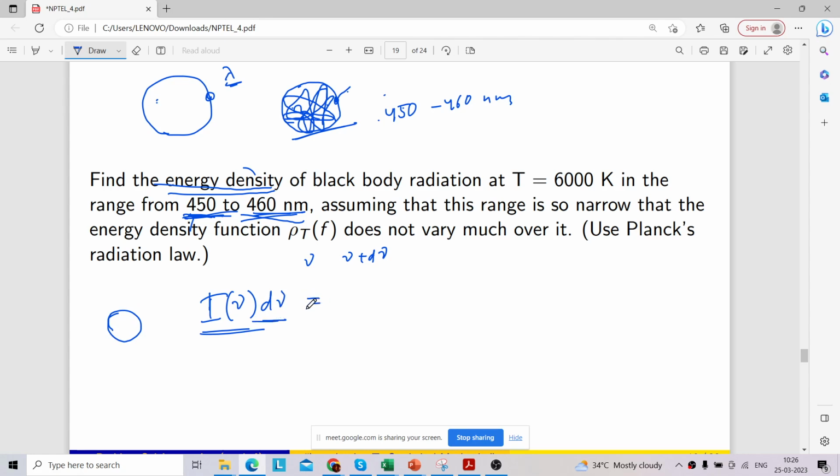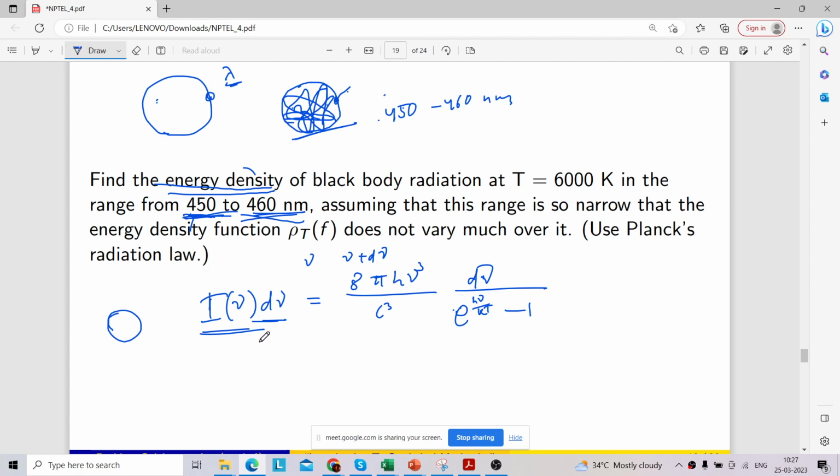You have a formula for that from the class, which is 8 pi h nu cubed over c square or c cubed, something like that, d nu, and in the denominator it will be Planck's distribution function, which is e to the power h nu over kT minus 1.